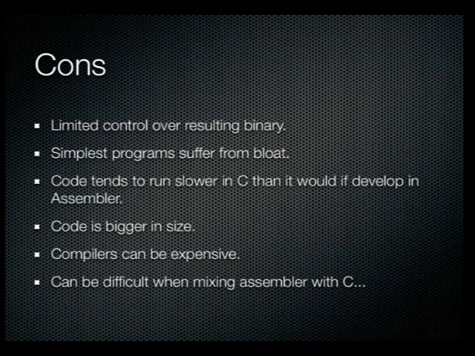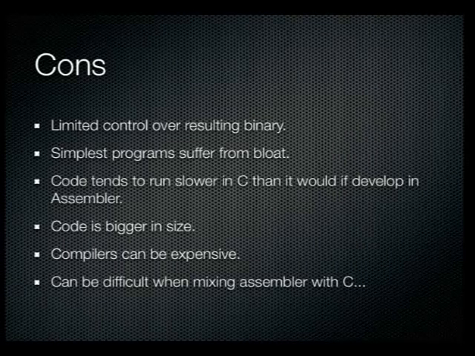The simplest programs inside C suffer from bloat. Even if you're just doing the simplest hello world example in C, you've got all these additional libraries and the code just bloats out something bad. Every time you're jumping into a subroutine, you're generating a stack frame for that subroutine, and you've got all this extra code thrown in just to facilitate that stack frame.